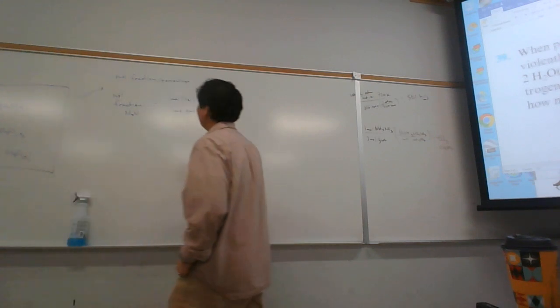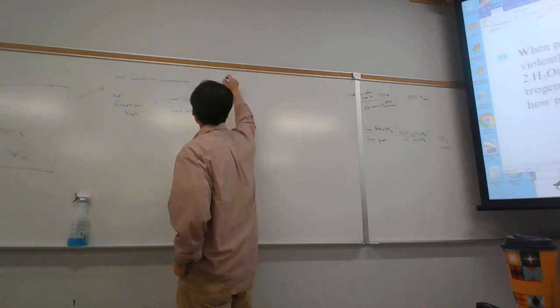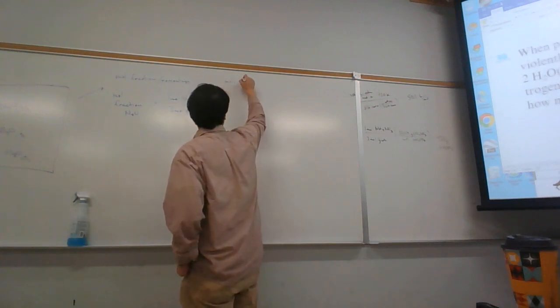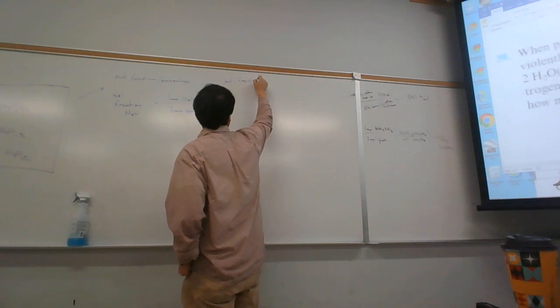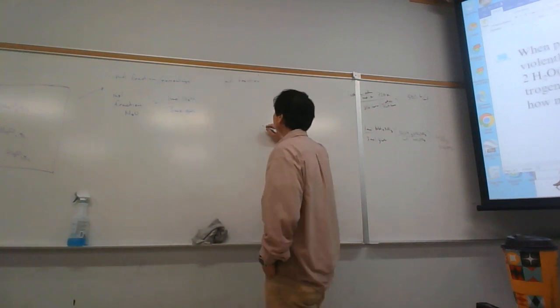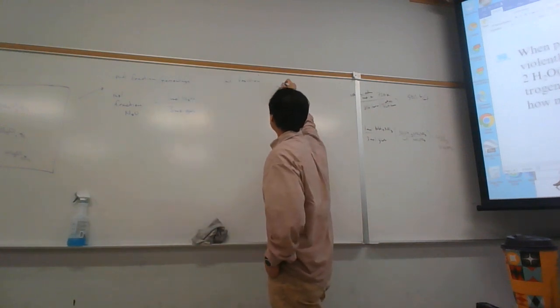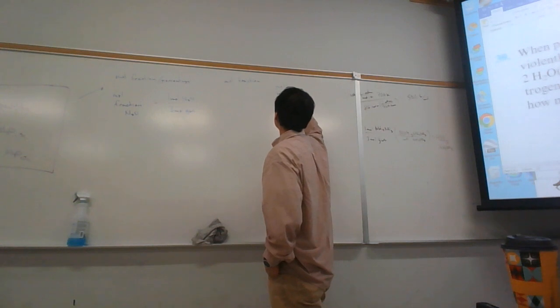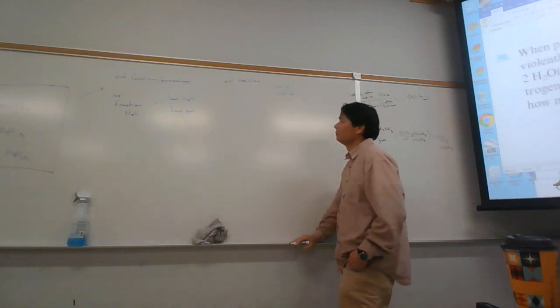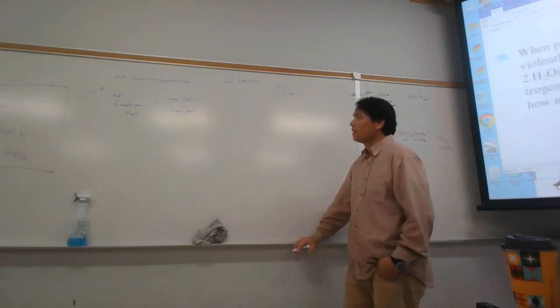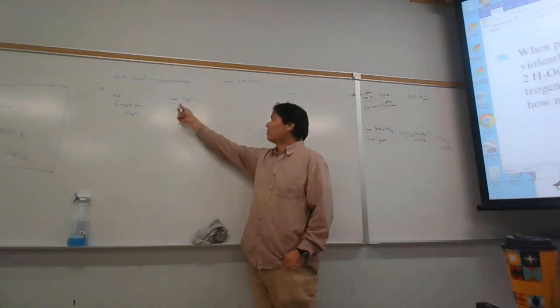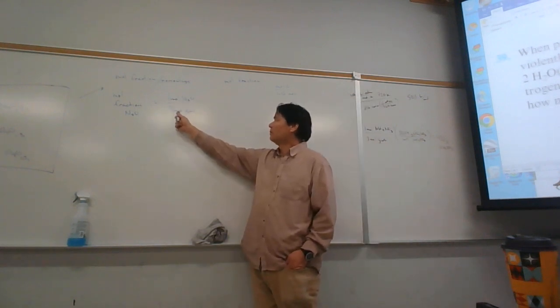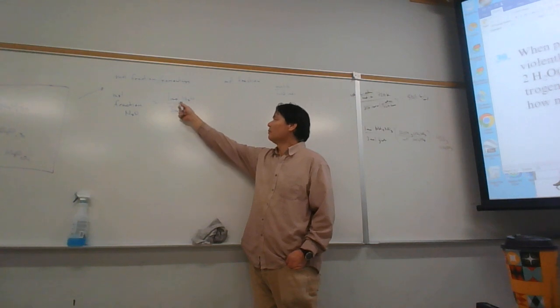So the mole fraction looks like this. The mole fraction, that's over here, is going to be moles of A over total moles. So if I want to convert the mole fraction into mole percent, the mole percent would be 1/3 times 100, which is going to be 33%.